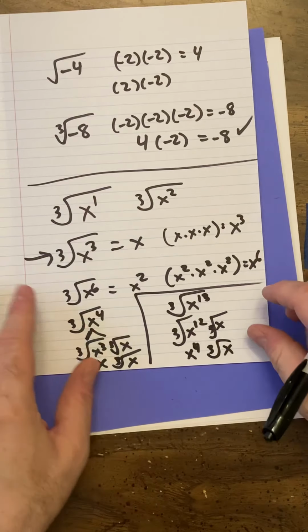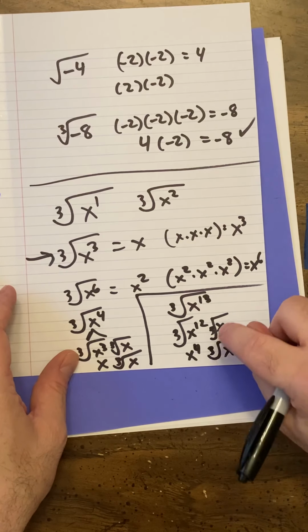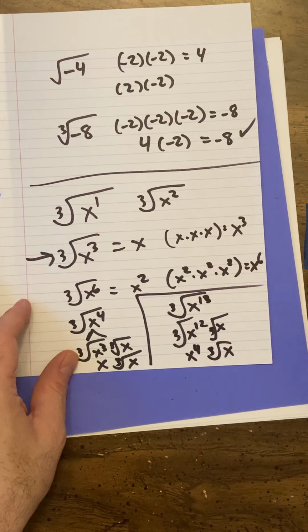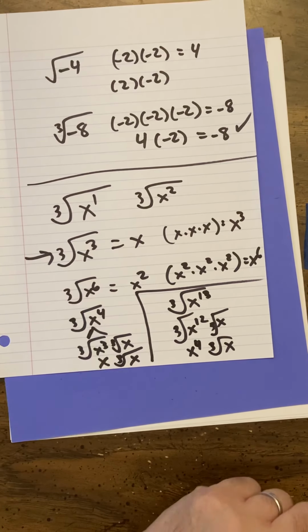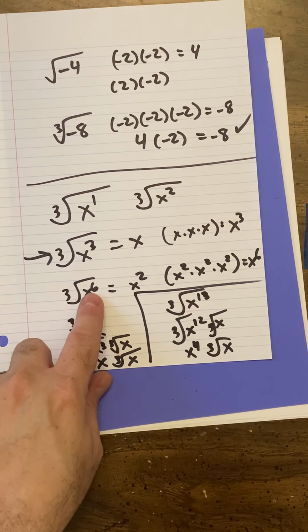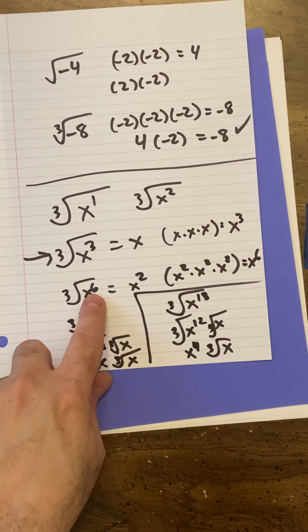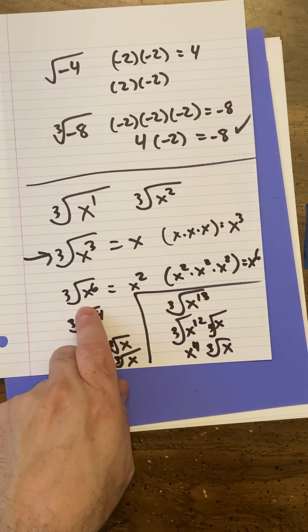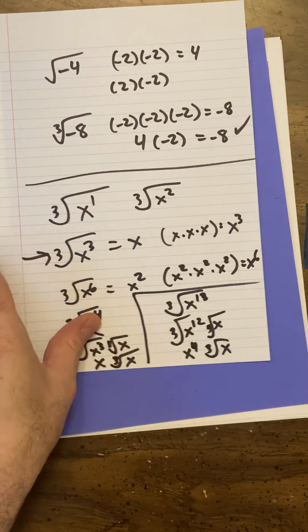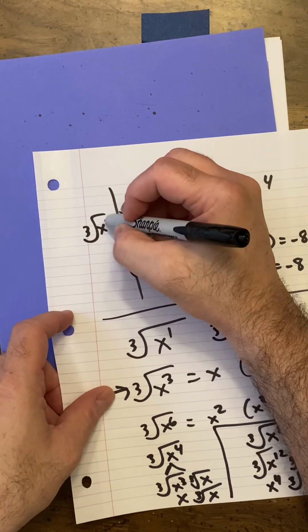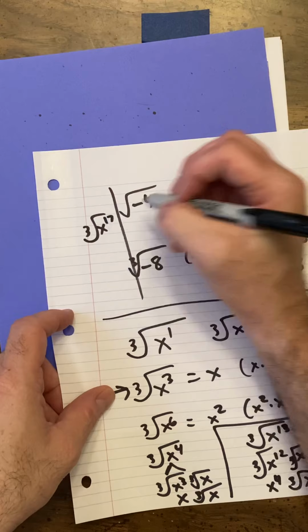So this is how you simplify variables in cube roots, where the exponents can be any numbers. If the exponent is divisible by 3, no problem. You just take this exponent divided by 3, and that's going to be your new exponent on your solution without the radical. I'll give you one more example over here. Let's do cube root of x to, let's say, the 17th.